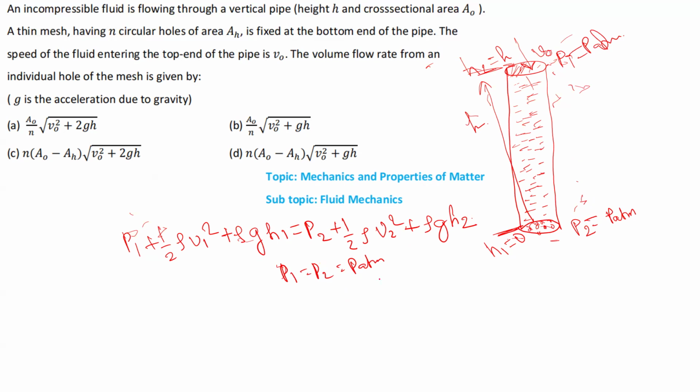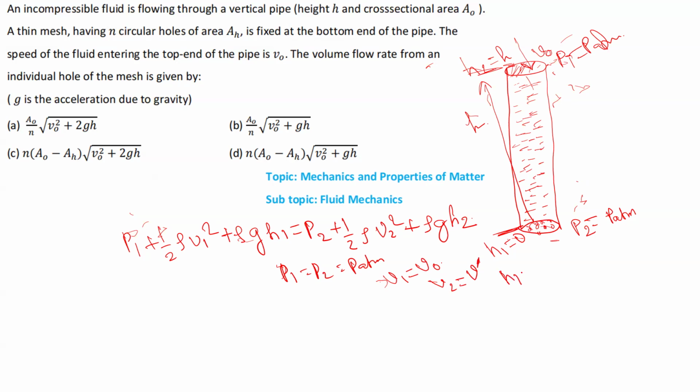V1 for the top will be V naught, and V2 for the bottom will be, let's say, V dash.